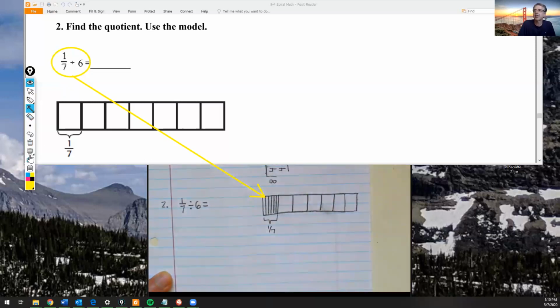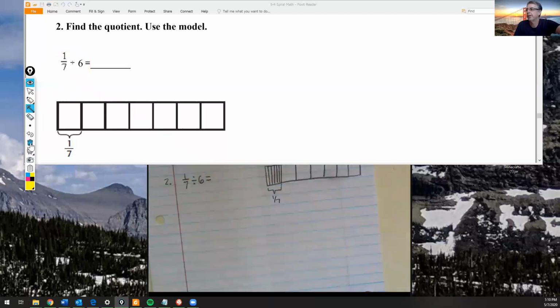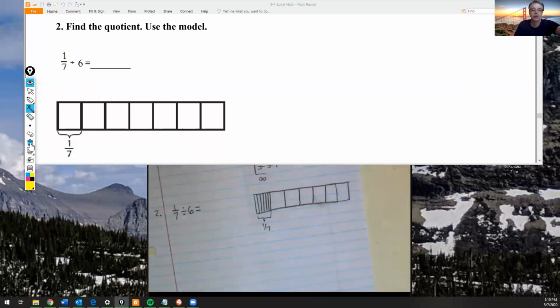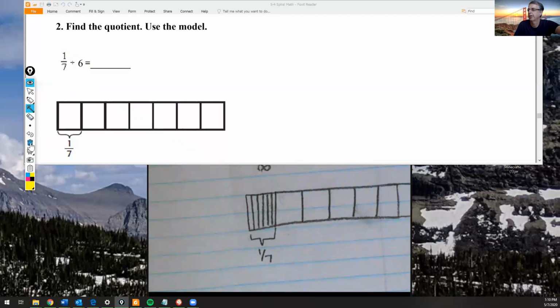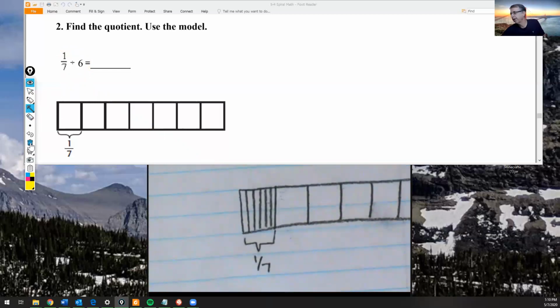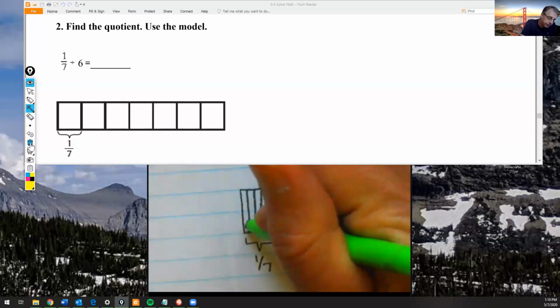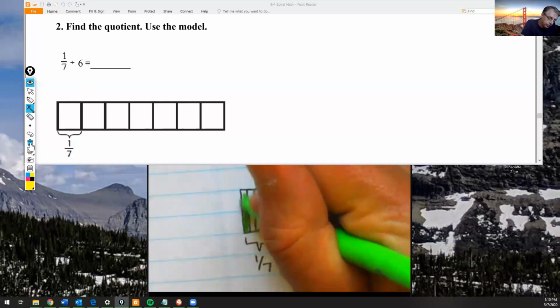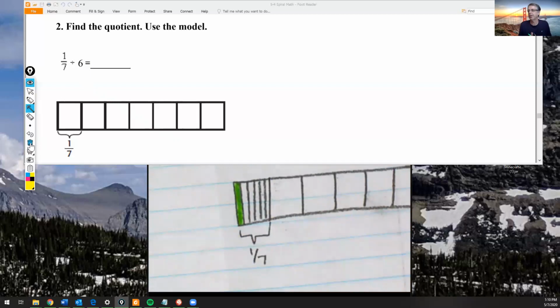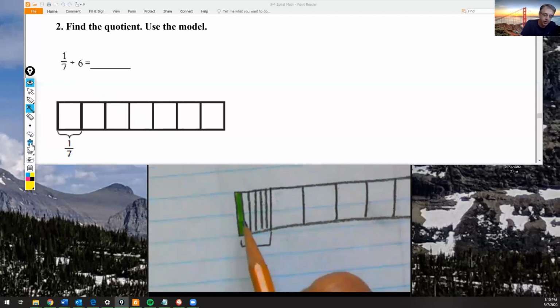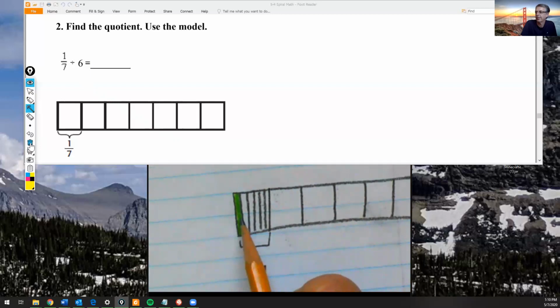What I want to do next is zoom in a little bit on this part right here so you can see it. Let me zoom in here. I'm going to use a highlighter to help us understand this. I want to find out what fraction this part right here is. And I'll show you another way you could do this.